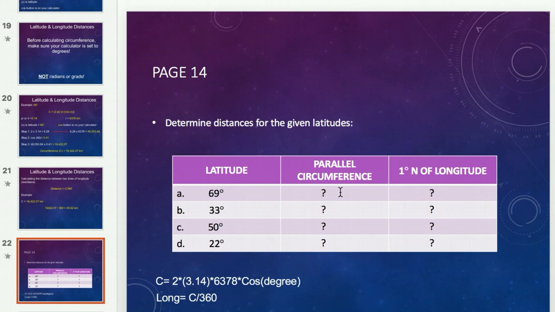Let me try it long ways. 2 times 3.14 is 6.28 times radius. Oh, because I'm using radius, it's not the same thing. I'm proof that people who are terrible at math can do this class.